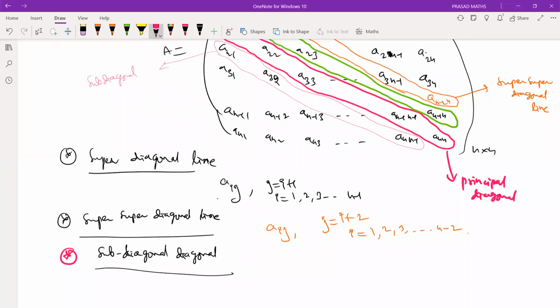What is the form of the elements? Aij, where your first index is bigger than your second index by 1. That means Aij, where i equals j plus 1, where j is running from first column, second column, third column, fourth column, up to n minus 1th column. Right?